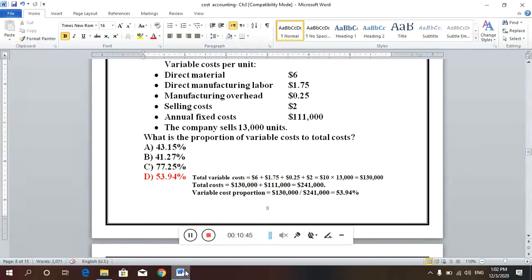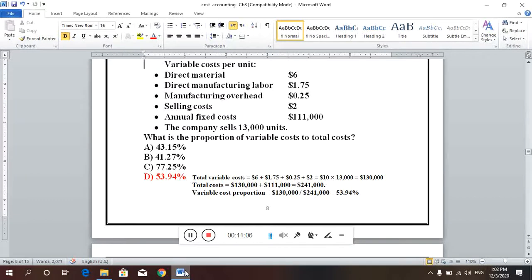These four elements will equal the variable cost per unit. So we will add 6 plus $1.75 plus $0.25 plus $2, it will equal $10. This $10 is variable cost per unit.